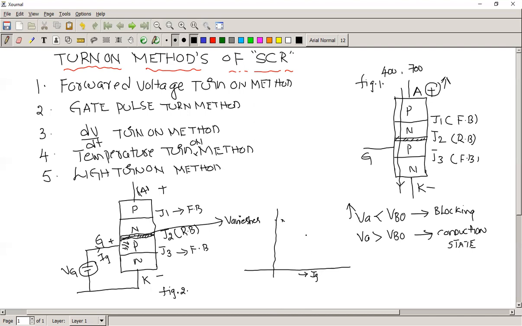As the gate current increases, the voltage decreases in this manner. If we join all the points, we get this type of curve. What it represents is that as the gate current increases, the anode voltage required to bring the SCR from the blocking state to the conduction state will be lesser.